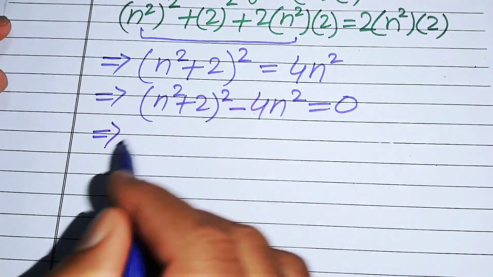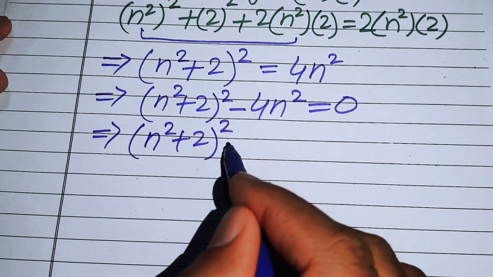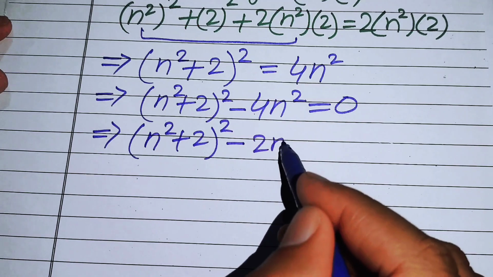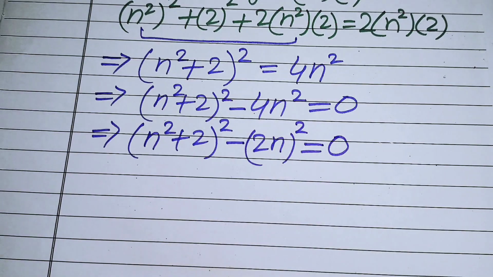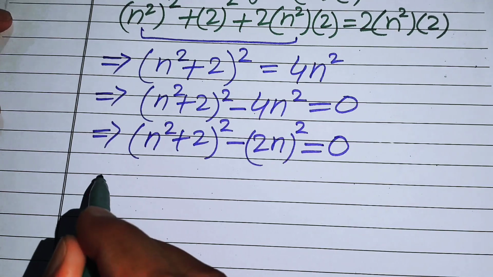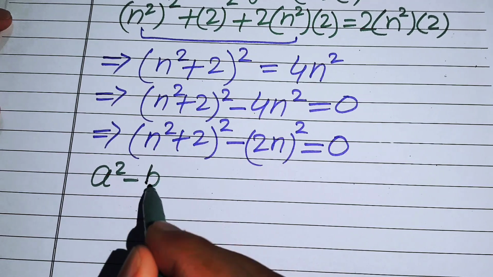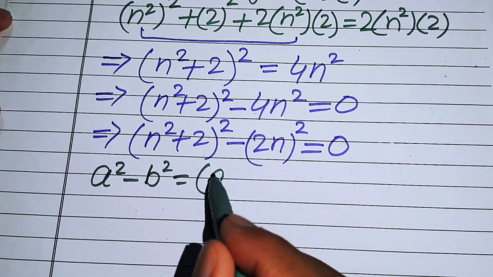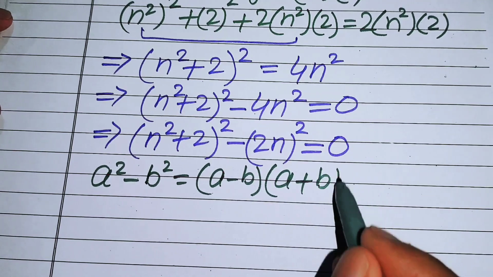So now we will rewrite this equation as (n squared plus 2) whole squared minus, we write this as (2 times n) whole squared, and this whole equation equals 0. Here we need to use another nice formula, and you know that a squared minus b squared equals (a minus b) times (a plus b).